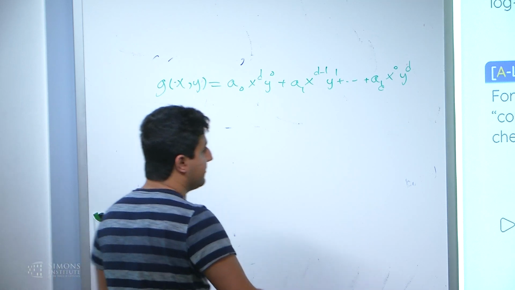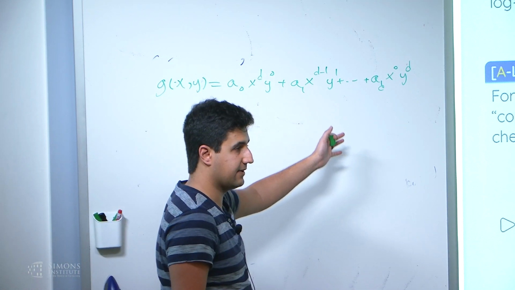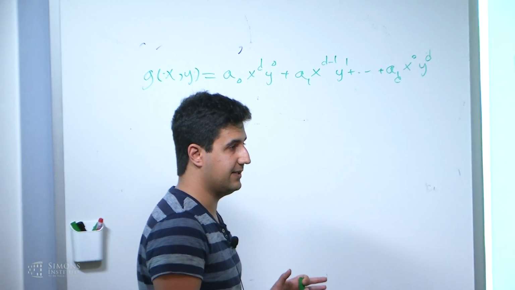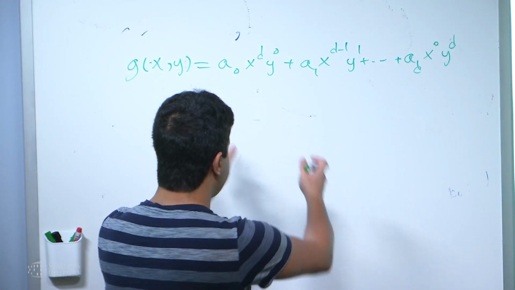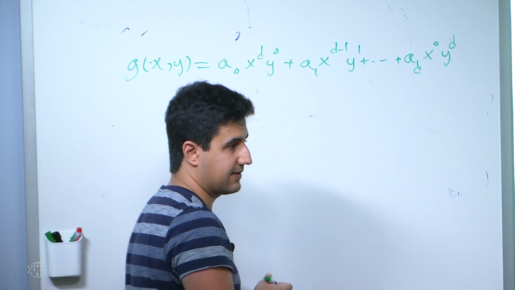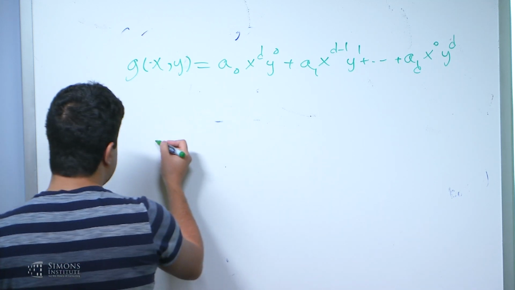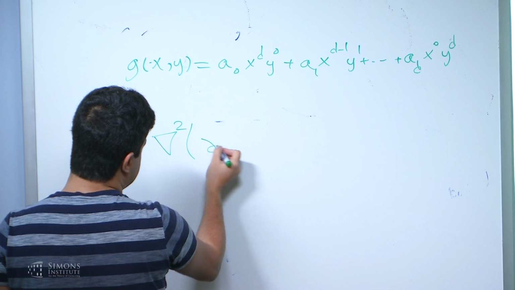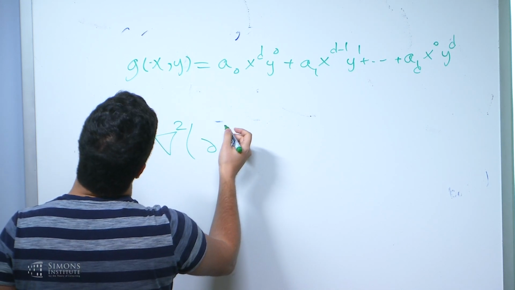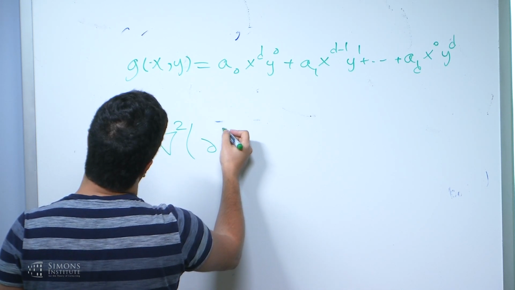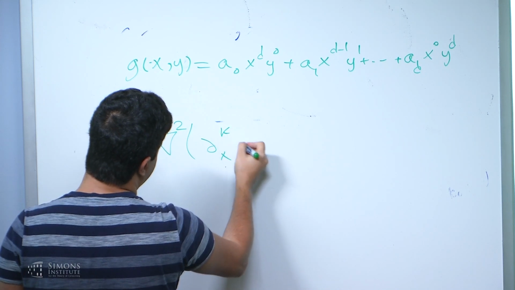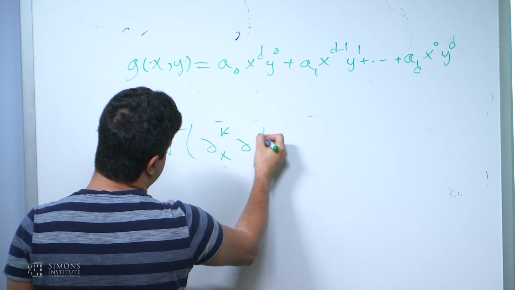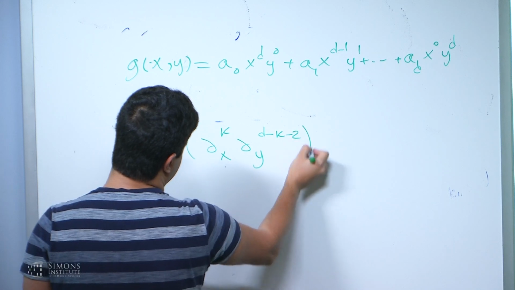Once you take a bunch of partial derivatives of such a thing until you get to a degree 2 polynomial, that degree 2 polynomial is going to have 3 consecutive terms of this. And its Hessian is going to be of this form. So the Hessian of basically partial x to the k, partial y to the d minus k minus 2.